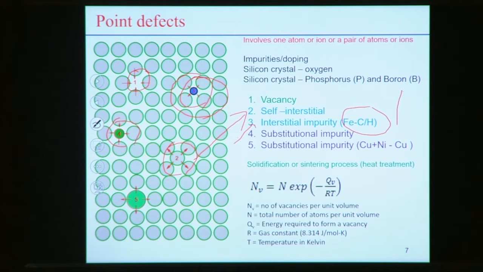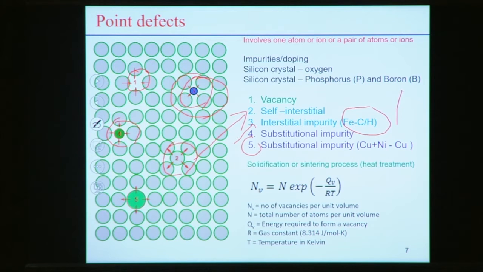So this type of defect is called the substitutional impurity. And the fifth position is also a substitutional impurity, but in this case the substitutional atom is bigger as compared to the parent atoms. For example, when making an alloy of copper and nickel, copper creates this kind of impurity in the regular structure of a crystal.